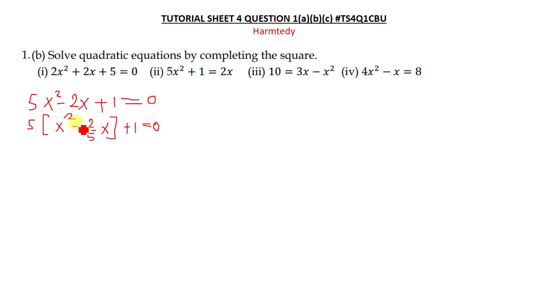And then what you do is you find half of that. So when you find the half of this part, you're going to have x squared here, then plus 2 over 10, which is just the same as 1 over 5, or let's just write it as 2 over 10. Yeah, we'll come and simplify it at the end.